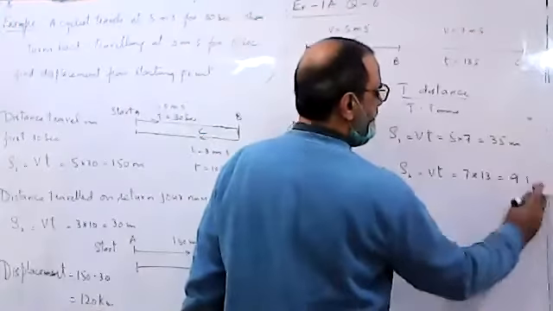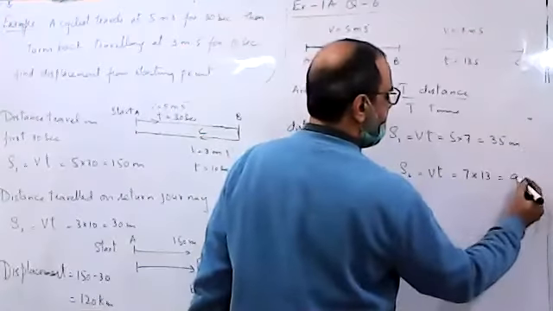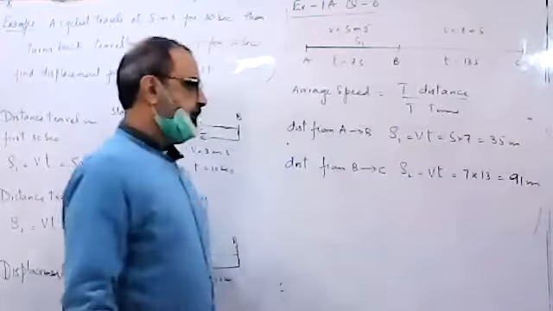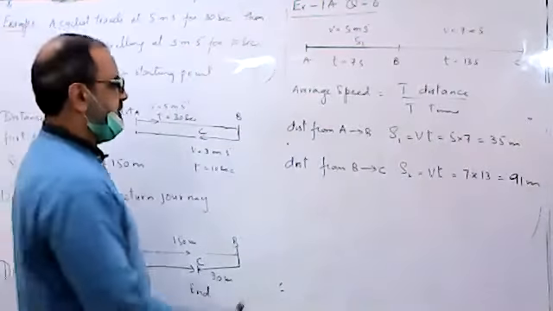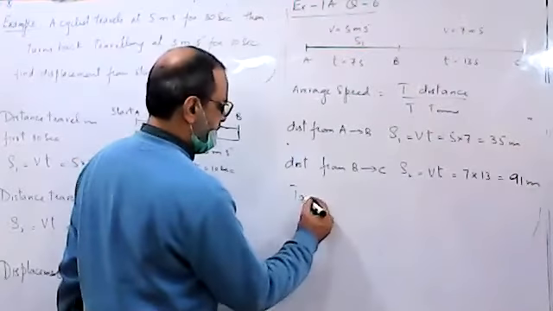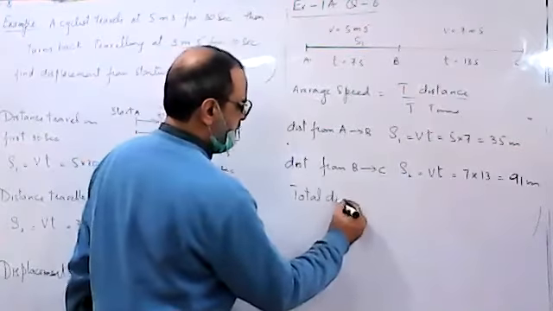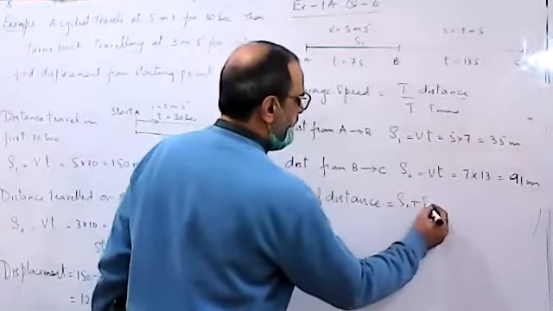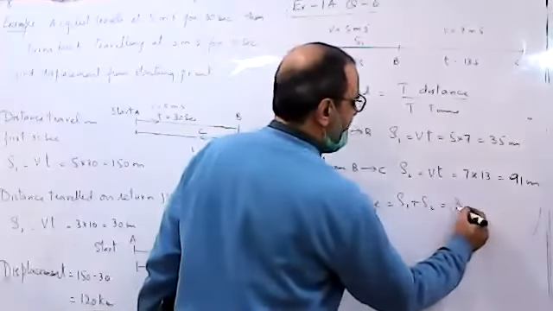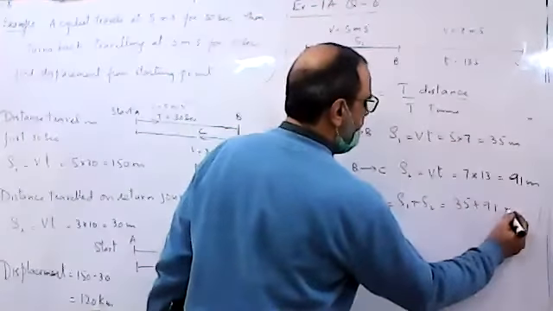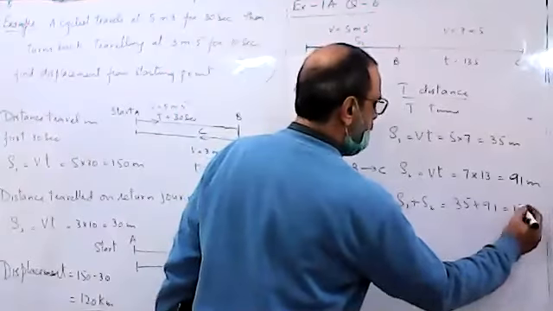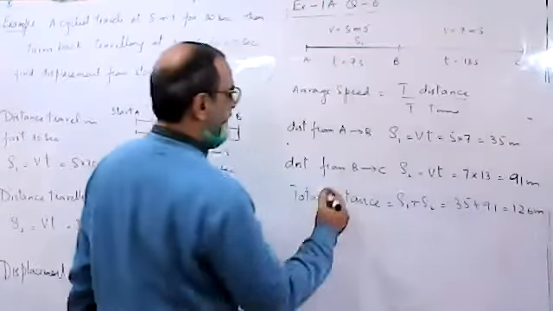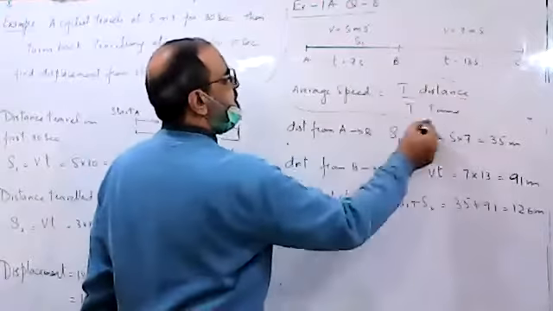That is 91 meters. So the total distance is 35 plus 91. That is 126 meters. So I can find the average speed now.